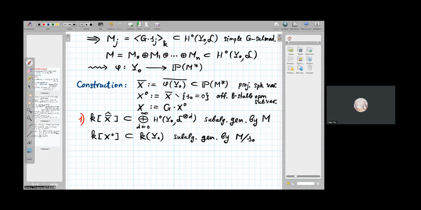Now let's recall that my colored cone is generated by the set B, the set of colors, and finitely many vectors in the evaluation cone.